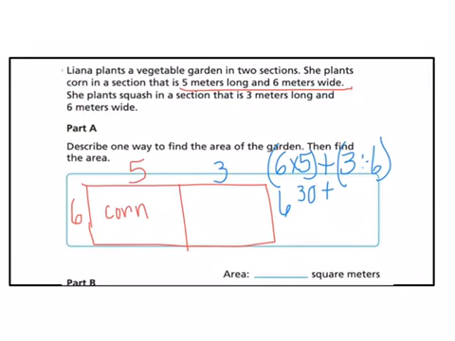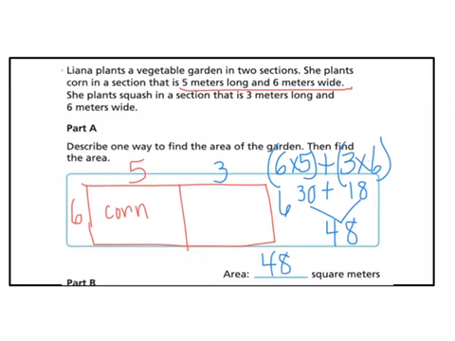I bet you guys noticed that, and I didn't till now. Okay, this is supposed to be a times. 3 times 6 is 18. So now 30 plus the 18 is 48. So the area is 48 square meters.